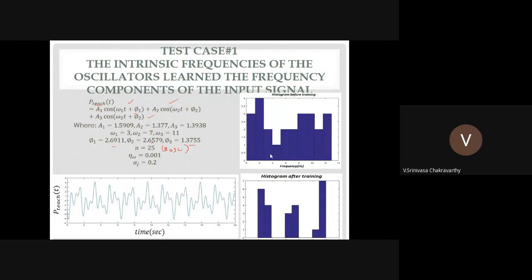All the oscillators have now come together and got concentrated near three frequencies, which are 3, 7 and 11, the omega values. This is a radial frequency, not hertz.